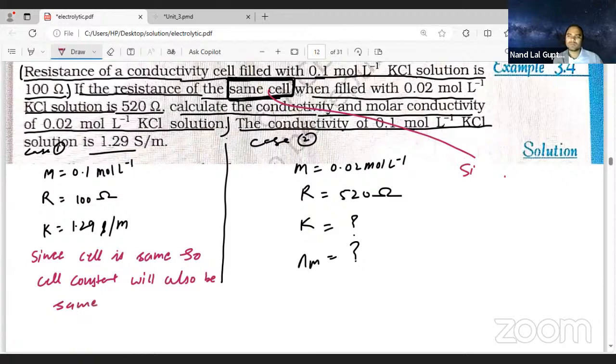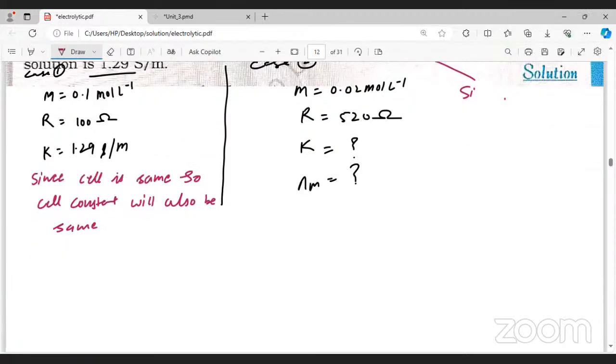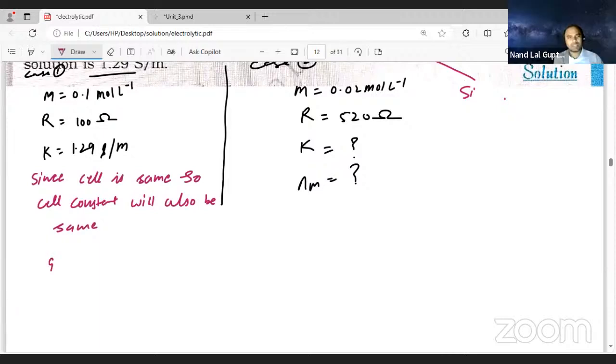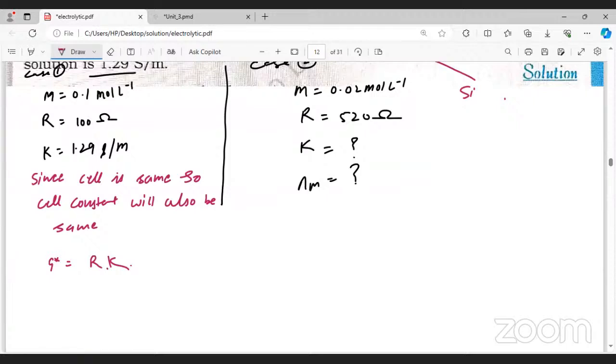Yes or no? So what is the cell constant? G star is equal to R K. Do you know this relation? G star is equal to R K, which we talked about some time ago.